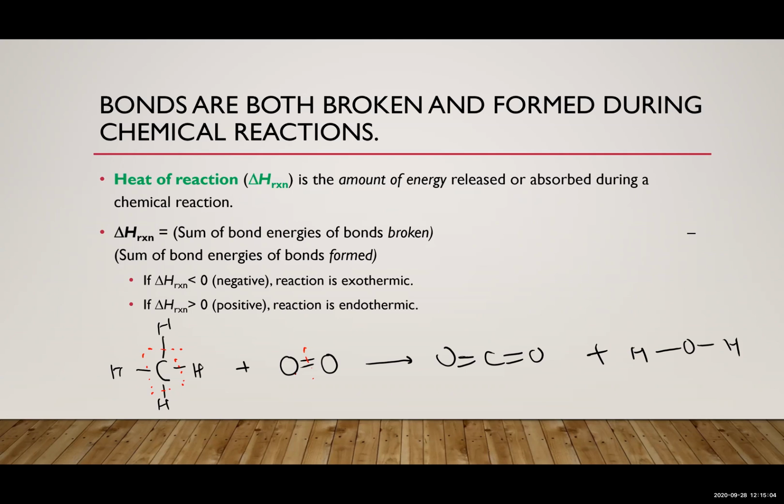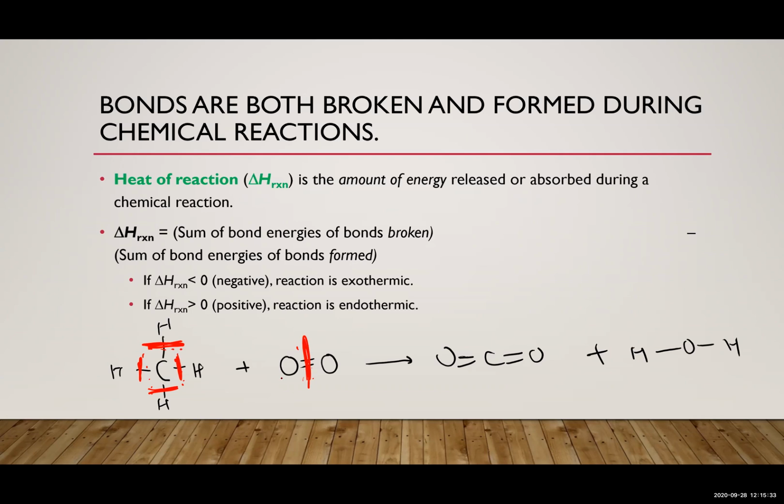Can you tell me how many bonds we need to break? 4? I mean 6? If you are considering a double bond as 2 bonds, then 6, but in terms of bond energy, it's just considered 1. So we need to break from here: that's 1, that's 2, that's 3, that's 4, and this 5. So we are breaking 5 places.